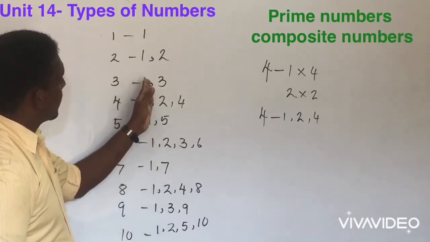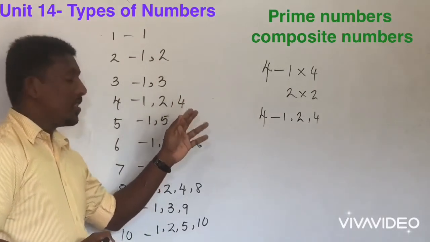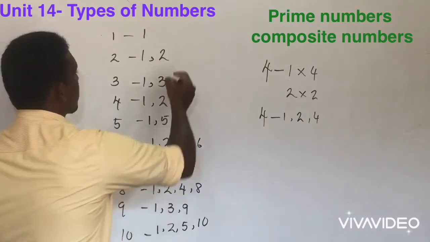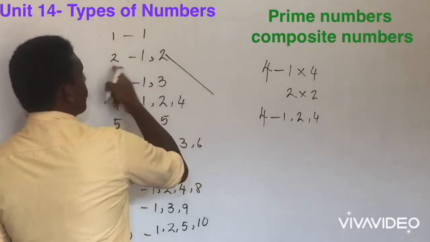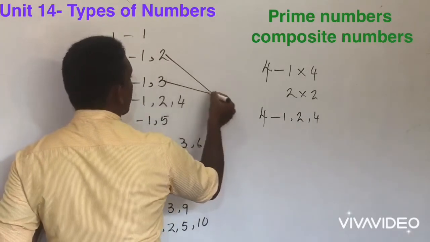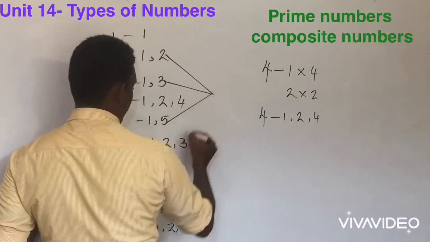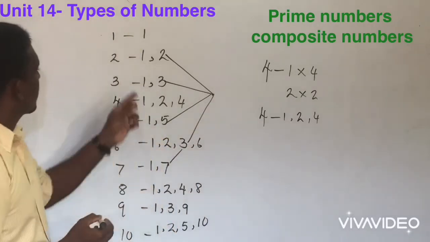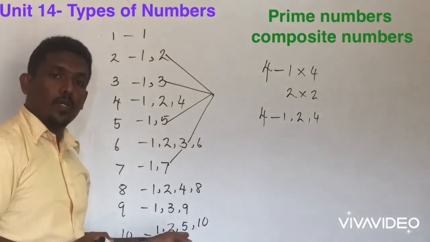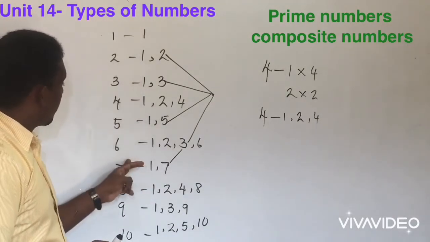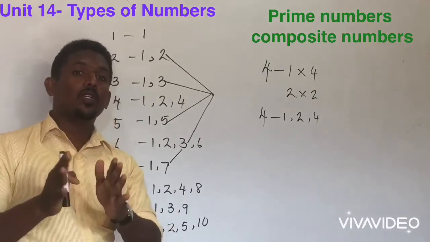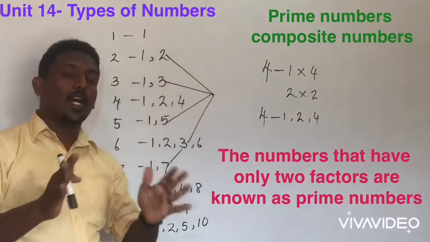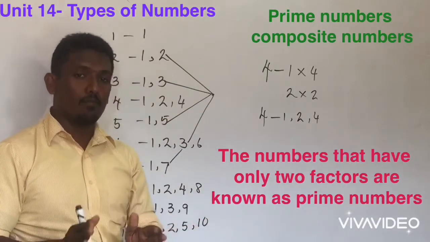Now you can see there are some numbers that have only two factors. What are those numbers? One is 2, the next one is 3, the next is 5, and the next one is 7, right? Out of the first 10 numbers, there are 4 numbers that have only 2 different factors. They are divisible only by one and the same number.